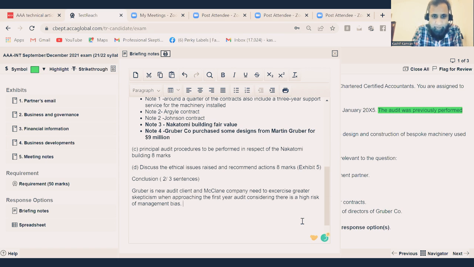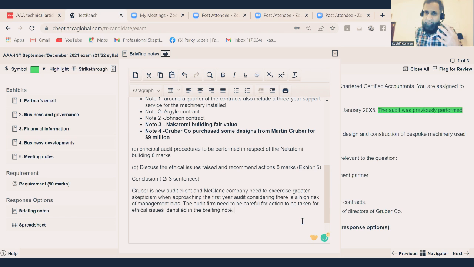Full stop. The audit firm needs to be careful for actions to be taken for ethical issues identified in the briefing note. Full stop.